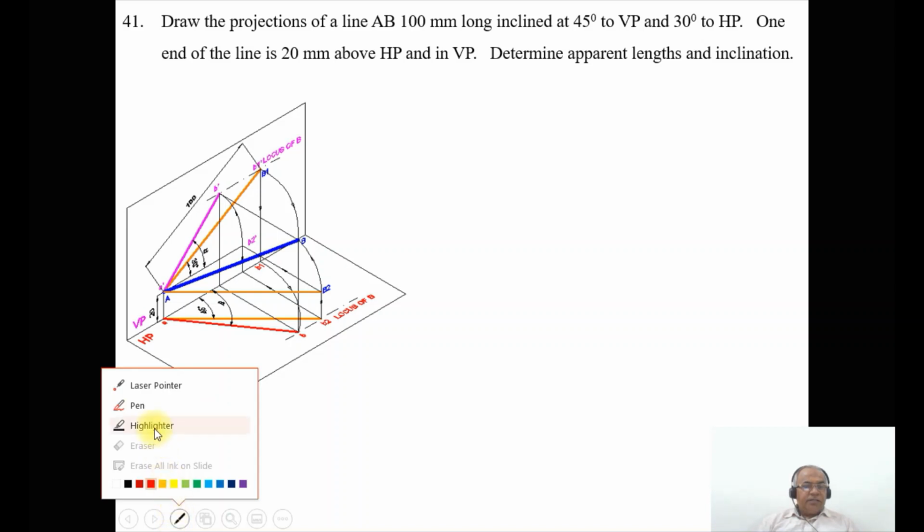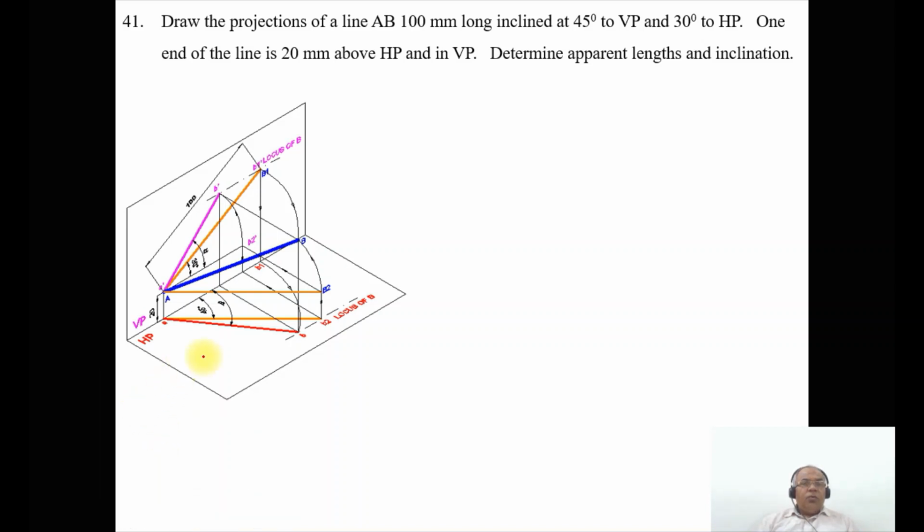Now if you consider this, draw the projections of a line AB 100 mm long, which is inclined at 45 degrees to VP and 30 degrees to HP. One end of the line is 20 mm above HP and in VP.